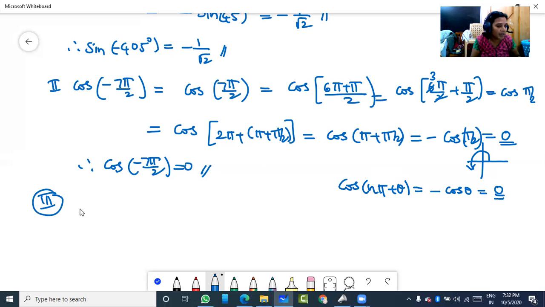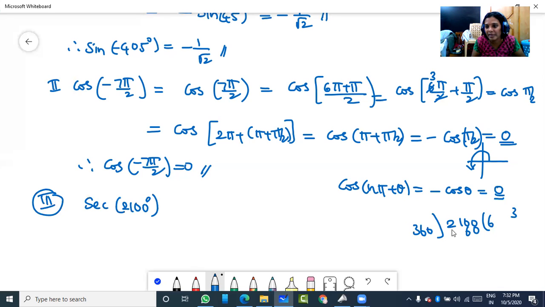Third one, secant 2100 degrees. This 2100 is divided by 360 degrees. 6 threes are 18, 6 sixes are 36, 3, 18, the quotient is 5 only. 5 sixes are 30, 3 carry, 5 threes are 15, it is 180. So the remainder is 300.